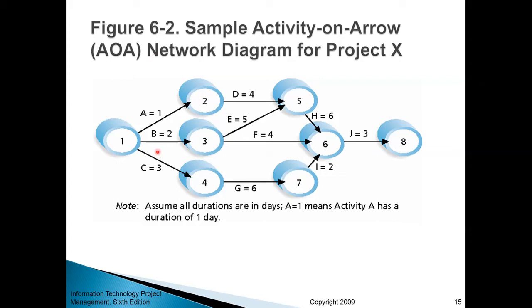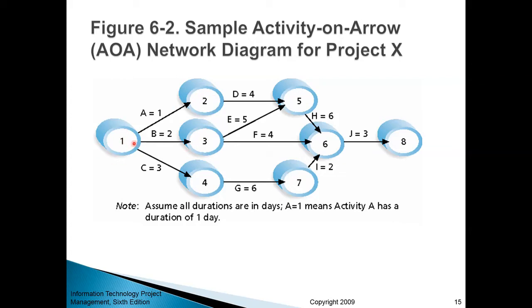Here arrows represent activities. For example, this arrow represents activity B. There are durations assigned to each of the activities, so activity B has a duration of 2 days. And those circles or nodes represent starting and ending points of activity.